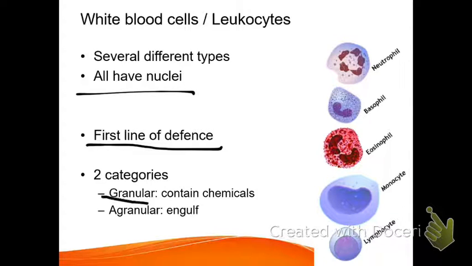One, we have granular leukocytes, and they contain harmful chemicals, so they can be harmful to foreign cells. So they can release those granules, okay, release those chemicals and kill those harmful cells. And our agranular leukocytes, they swallow, okay, they eat the foreign cells and break them down inside them.